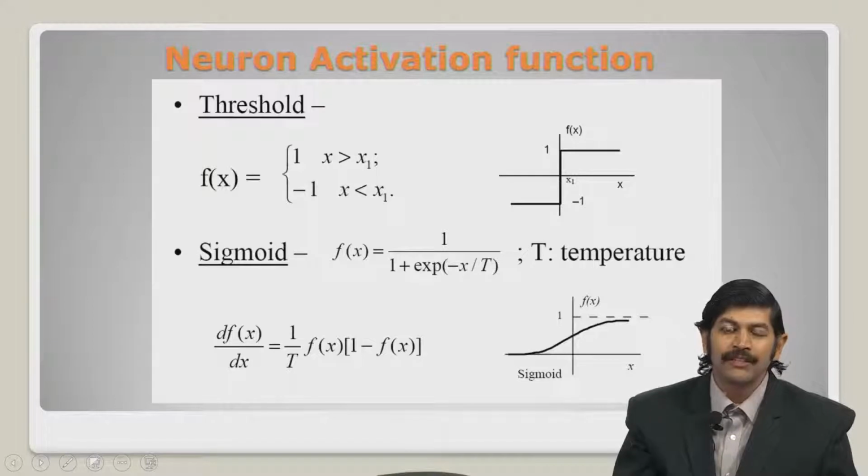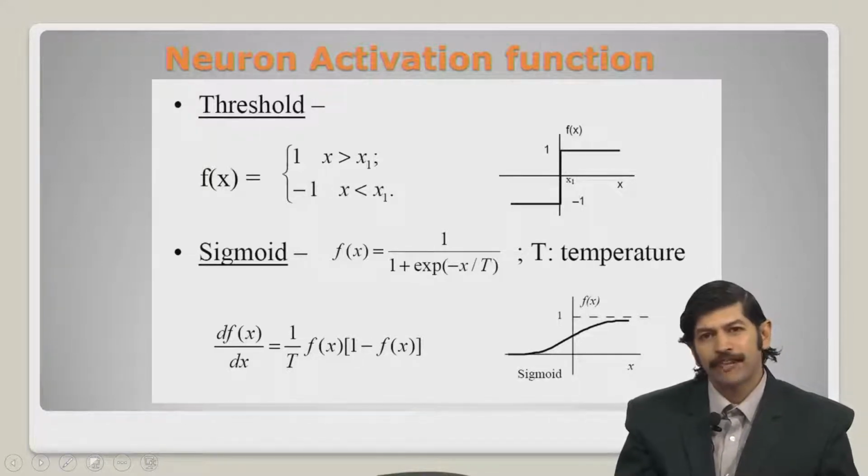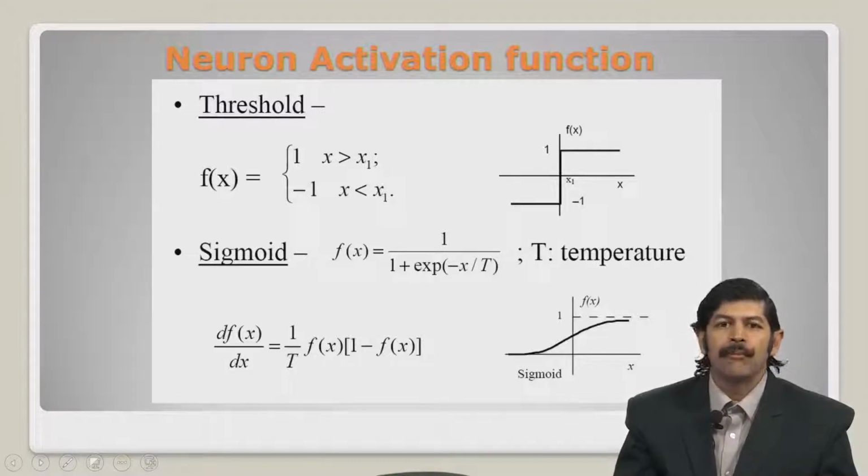The first one, as can be seen on the slide, is a threshold kind of activation function, wherein we define a threshold, and when the input is more than or equal to this threshold, the output produced is +1. When the input is less than this threshold value, the output produced is -1.